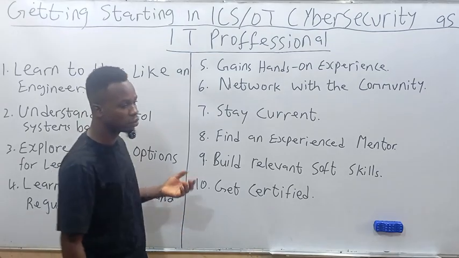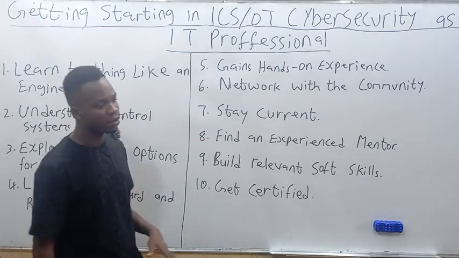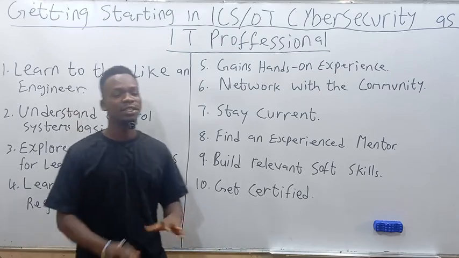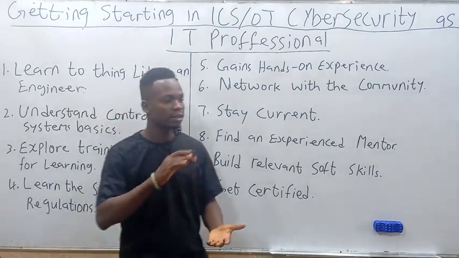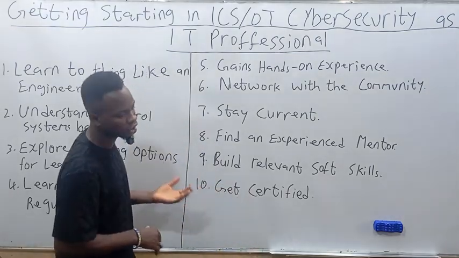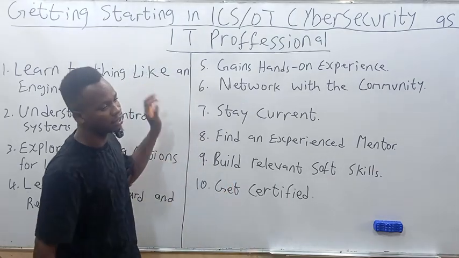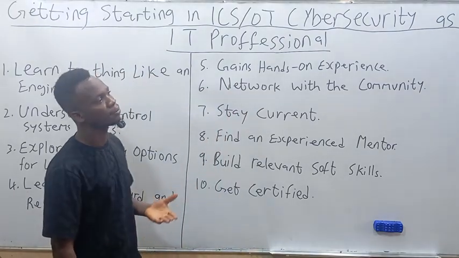So let's go to number 7, which is stay current. Now let me say this: in operational technology, change is not as fast as in the IT industry. Change is slow.